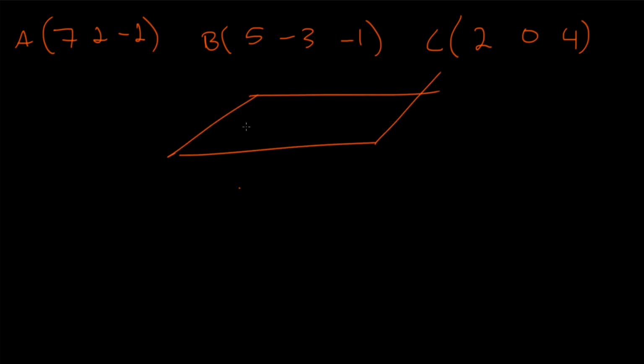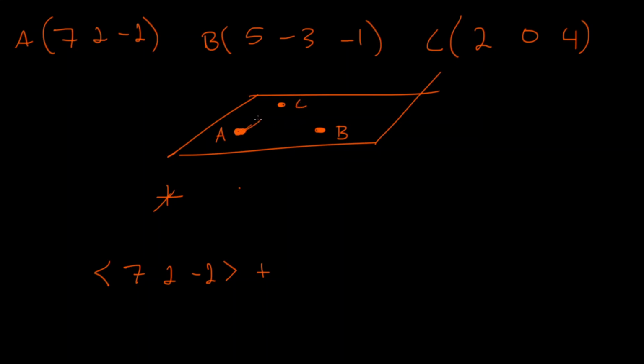A point on this plane is, let's say, A. So here's my origin, and I need to get to this point A. That's going to be my position vector, just 7, 2, -2. Then I need to be able to go in 2 separate directions and add those 2 directions to each other. So I'm going to need a point B and C.